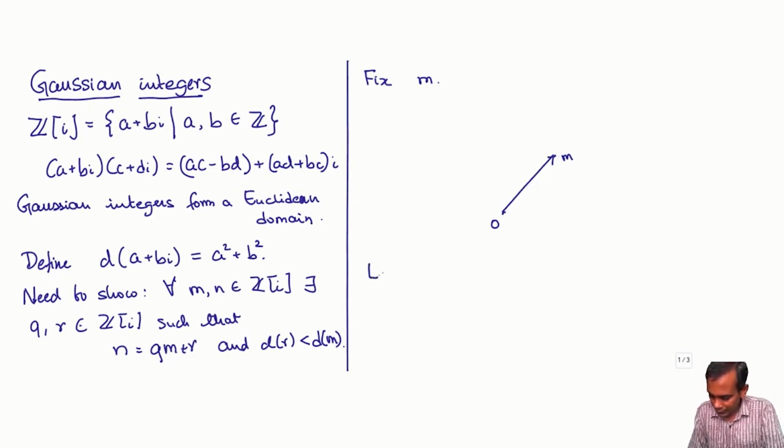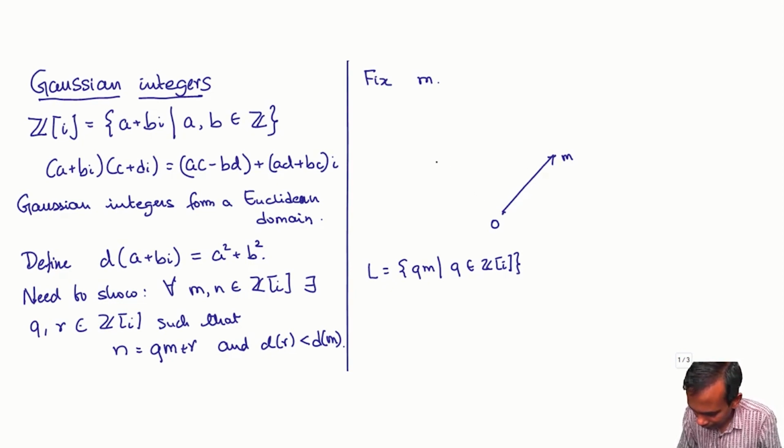Consider the lattice L equal to qm, where q belongs to the Gaussian integers. Another way of thinking of this lattice is you consider the vector m and then the vector i times m, so m multiplied by the complex number i, which is a rotation of the vector m counterclockwise by 90 degrees.